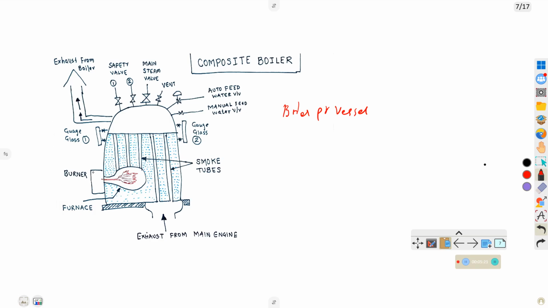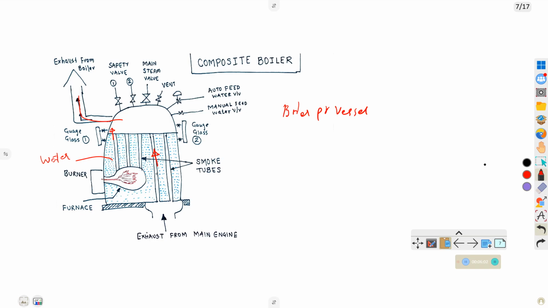Here the burner generates the flame, and from this flame the smoke goes through like this, heating the water. When sailing, the exhaust from the main engine passes through these tubes.